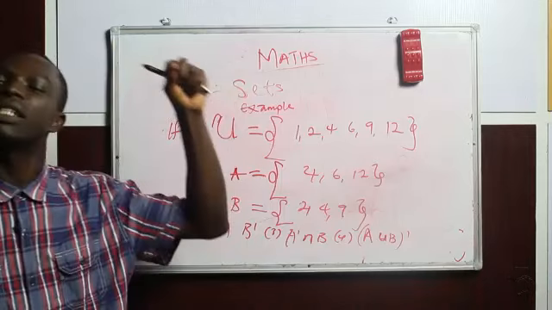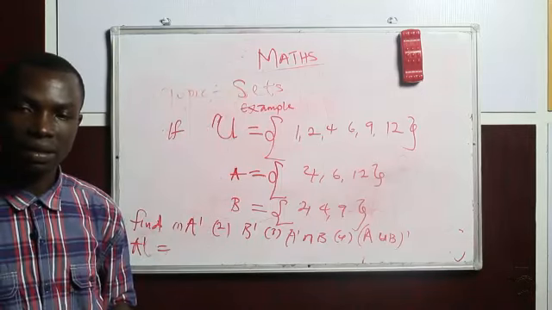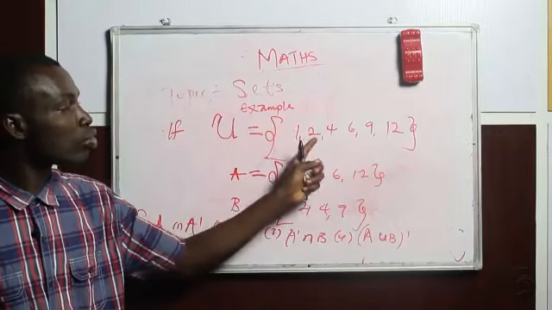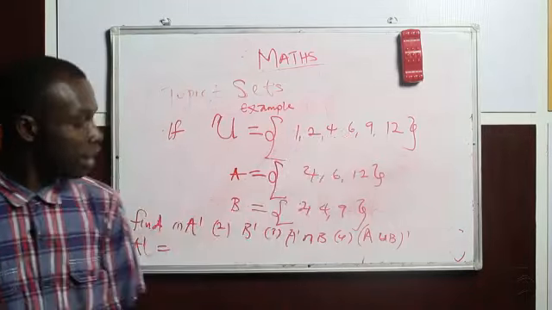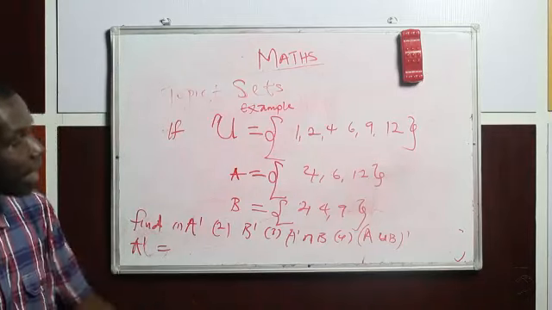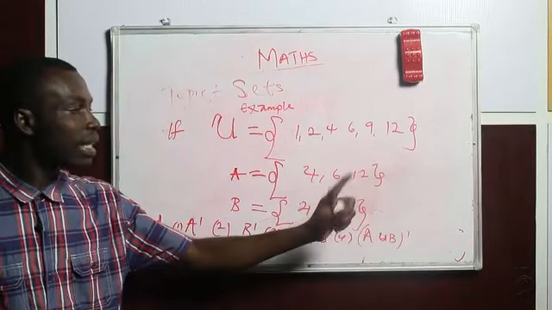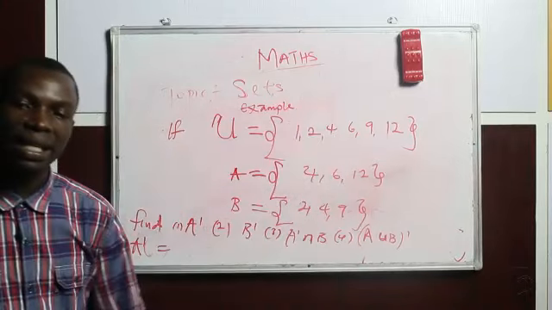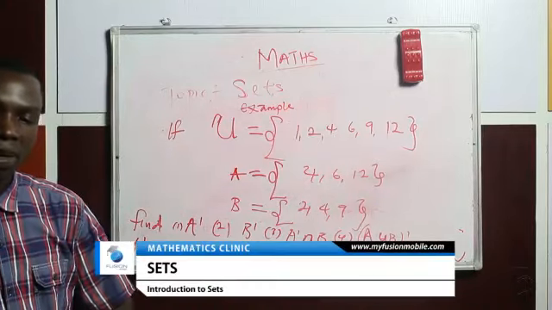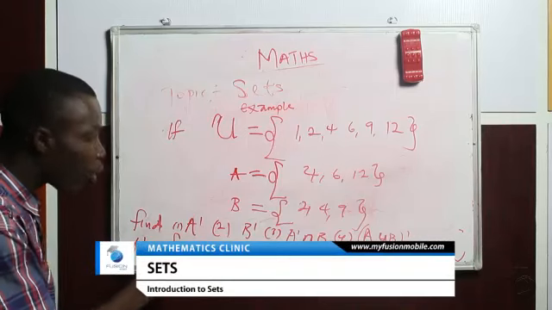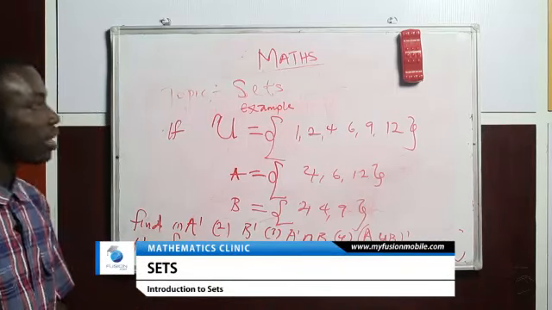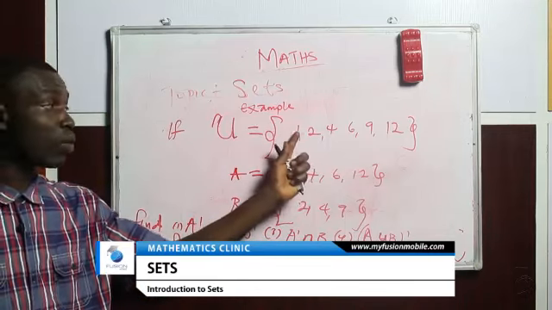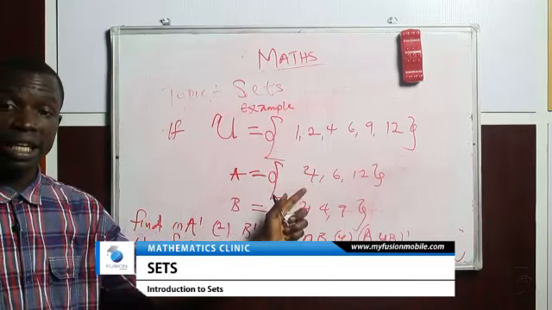But they are in the universal set. A is having 4, 6, 12. We also have 1, 2, 4, 6, 9, 12. Therefore, A complement means the numbers that are not in A, but they are in the universal set. Therefore, our A complement is equal to 1. If you check the board, you discover that 1 is in the universal set, is not in A.